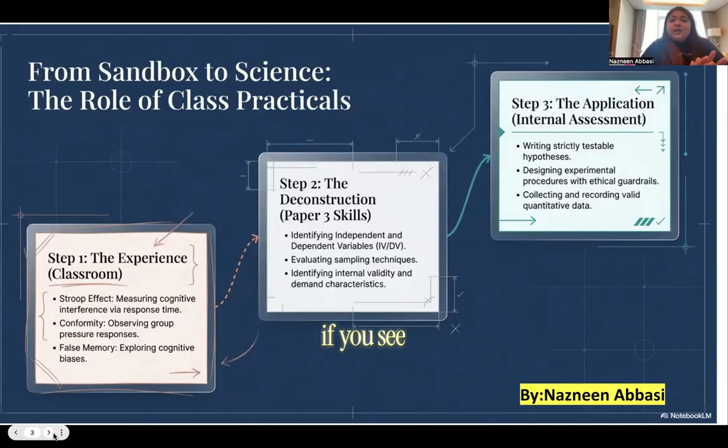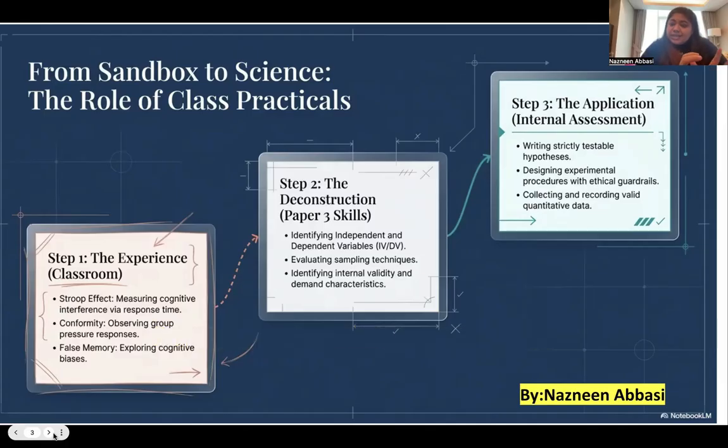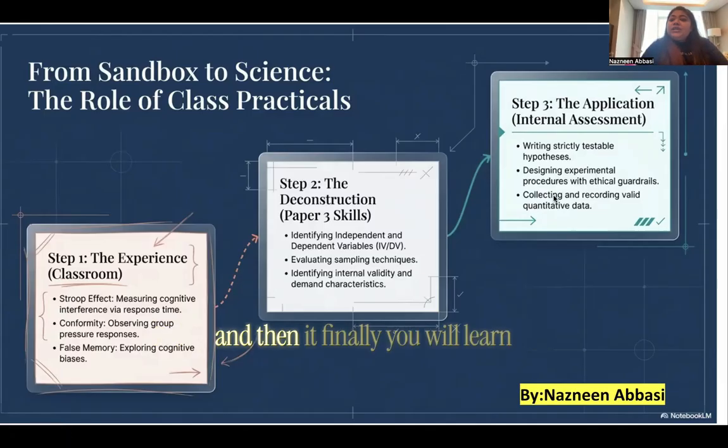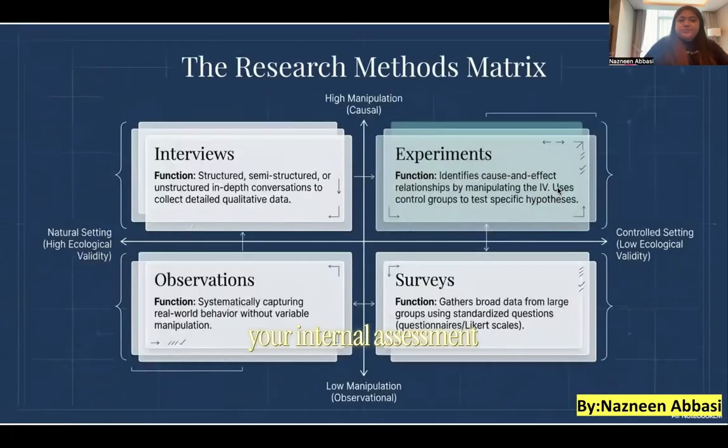So if you see, this is the role of class practicals. It's basically the experience of your classroom. Then it helps you in deconstructing paper three. And finally, you will learn how to do your internal assessment. So these are the 4 methods that we have to keep in mind while doing your class practicals: interview, experiment, observation, and survey.